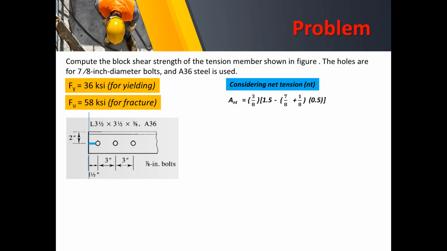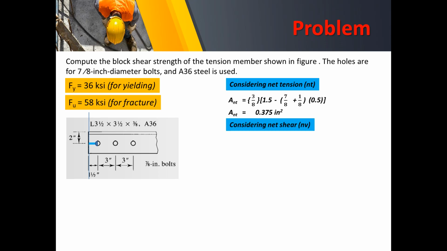So we only consider half of this bolt. Therefore, the net area will be equal to 0.375 square inches.